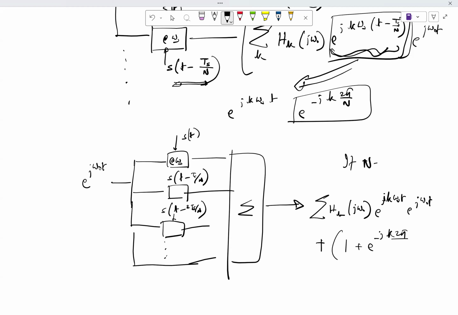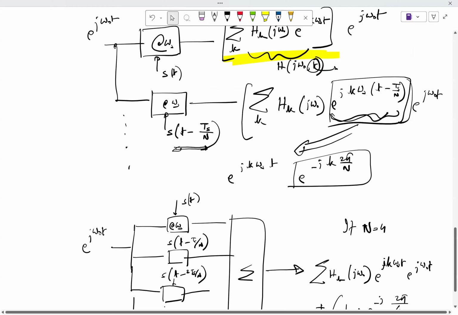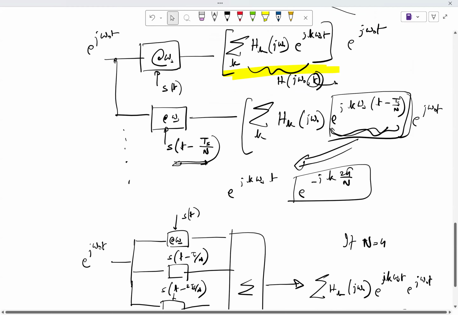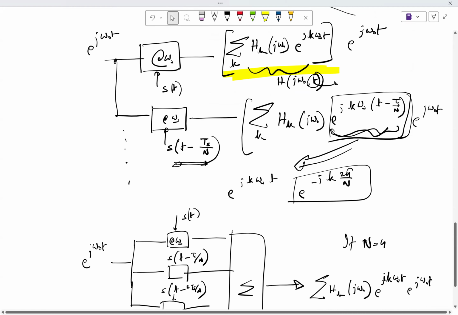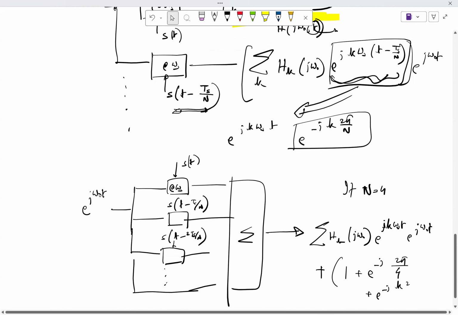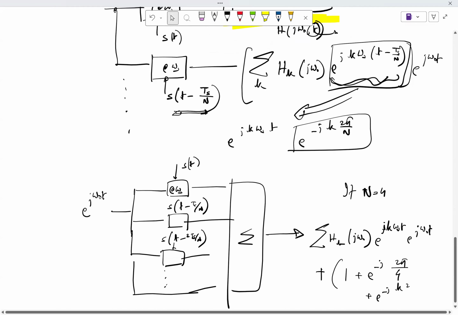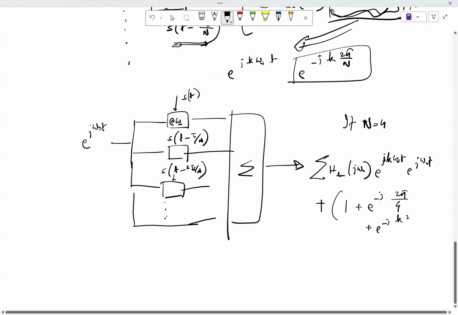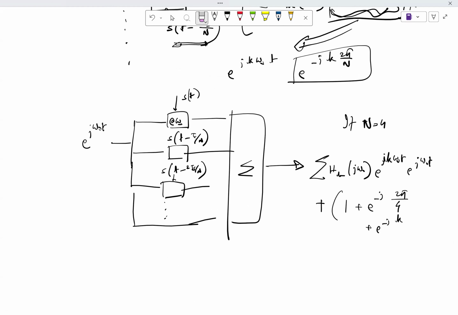So if n equal to 4, then 2 pi by 4, plus e to the power minus j 2 pi by 4 times 2, plus e to the power minus j 2 pi by 4 times 3, right? Yeah, k will be there. Correct. k will be there.